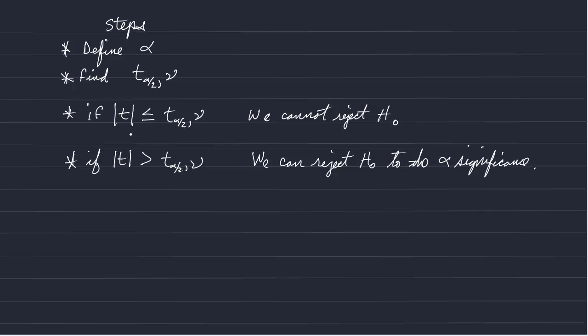Okay, so if t is within the probable range, the 1 minus alpha confidence interval, then the difference in our sample means is too small to say that we can reject H0, that the populations were equal. If the difference is large enough, then we can say that we can reject H0.